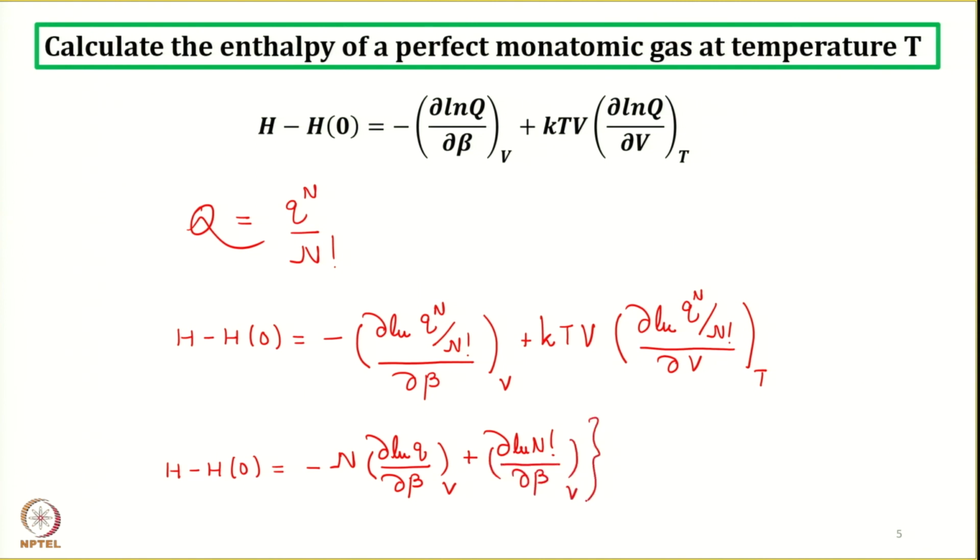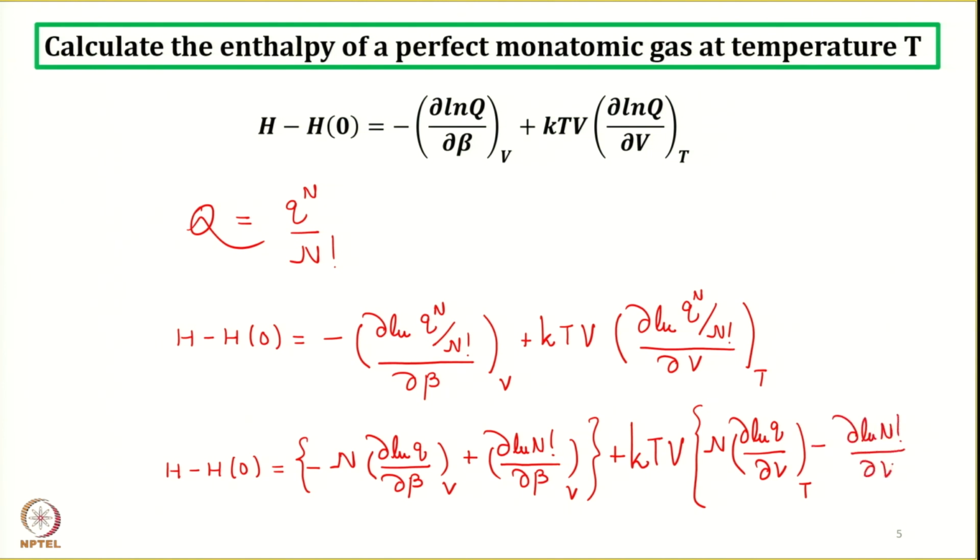This is the first one. The second term is plus kTV, and inside we have n del log q del V at constant temperature minus del log n factorial with respect to volume at constant temperature. I have just expanded in both the cases.